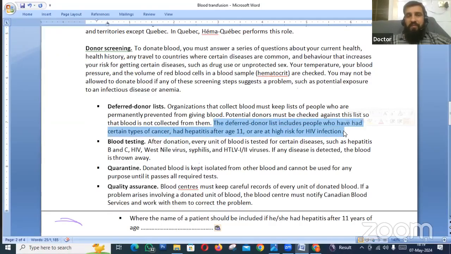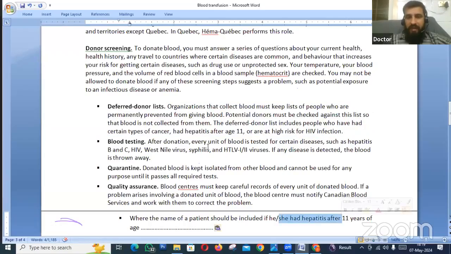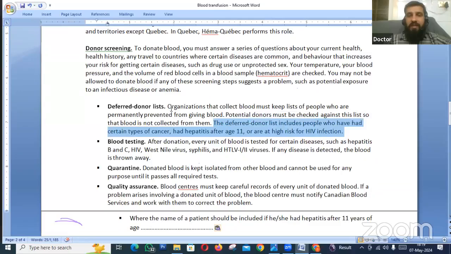If you're still unable to find the answer, then you will read this complete paragraph. This is how you will save your time, okay? So you match your keyword, hepatitis after 11 years. It is given here, okay? Quickly, then read this sentence. If you are still unable to find the answer, then read this paragraph, okay?